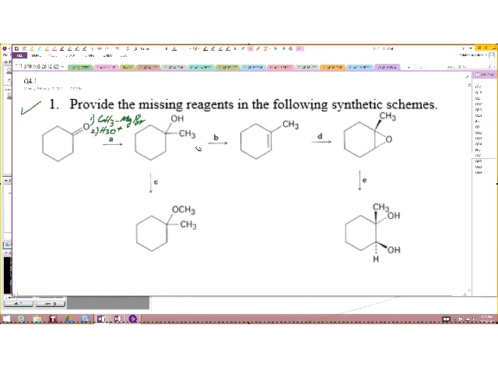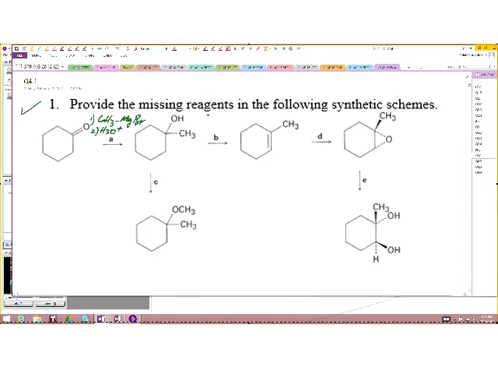Okay, about B, what do we need to do in B? What are we doing here? Going from a tertiary alcohol to an alkene. So what are we doing here? Dehydration, very good. And what reagent do we need for that?